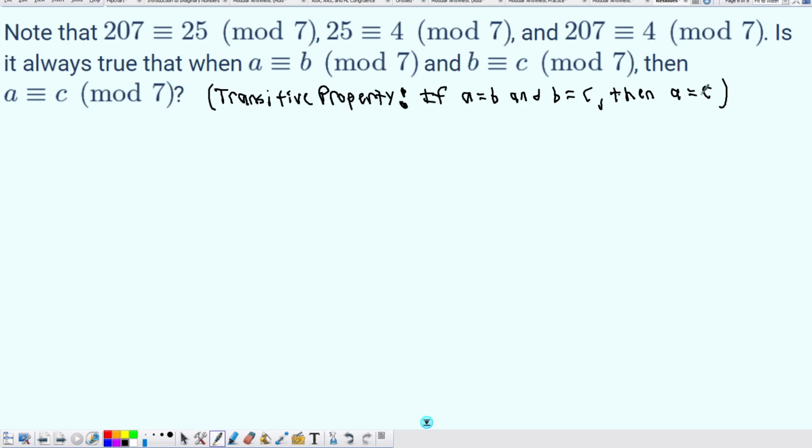So let's go with some assumptions we can make. I'm going to assume that A is the same as B mod 7.